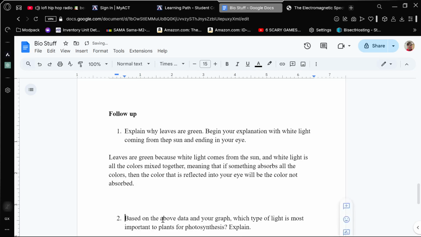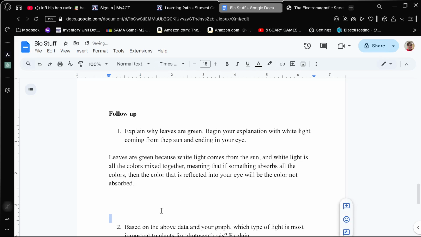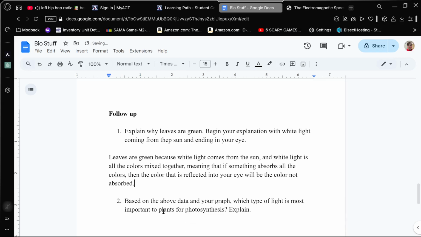If that kind of makes sense. So basically, it absorbs every single other color from the sun, and it reflects the colors that are not absorbed. So in the case of leaves, green. And that's what you see.